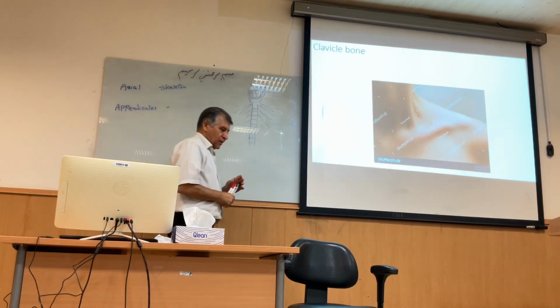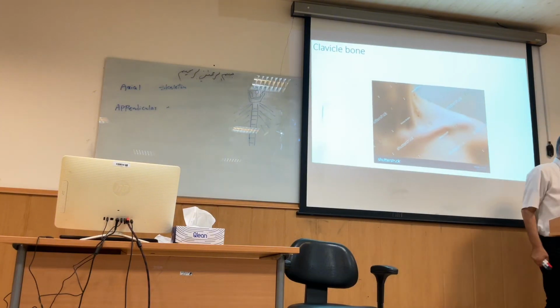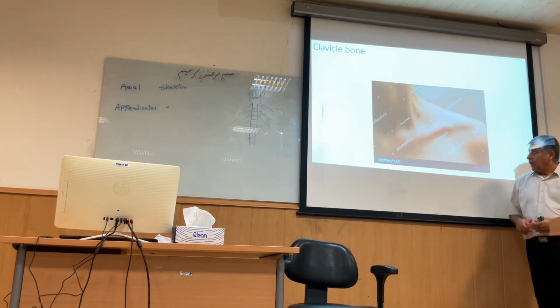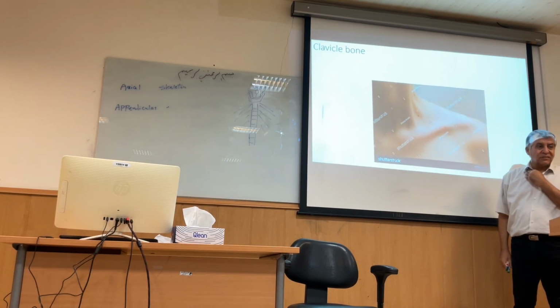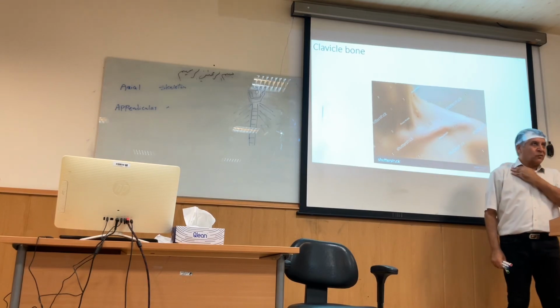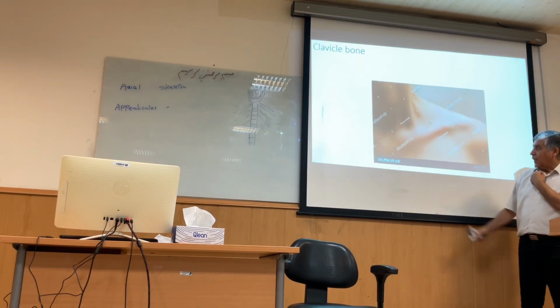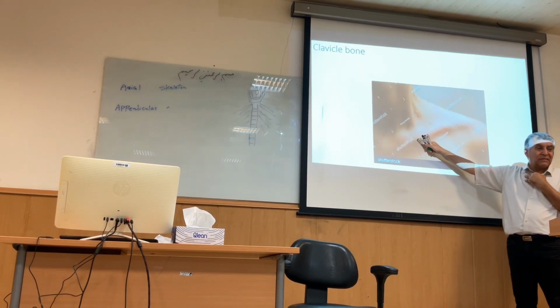Clavicle. It is a border between trunk and neck. In all its length it is touchable. From medial to lateral, you can touch the clavicle. The medial end is joined to the sternum, called the sternal end.